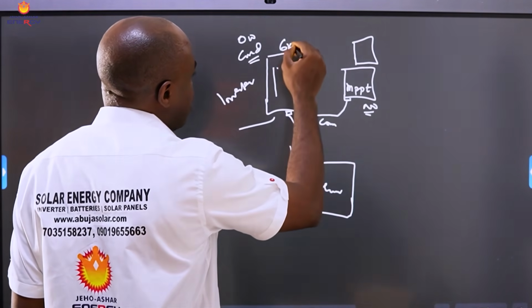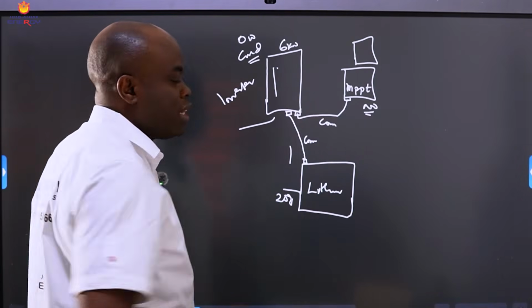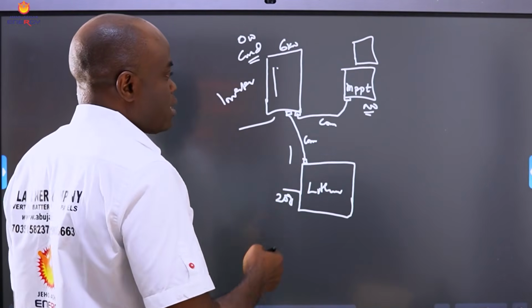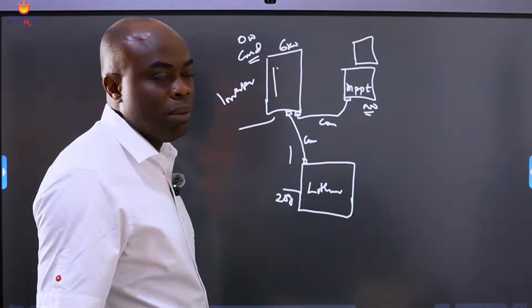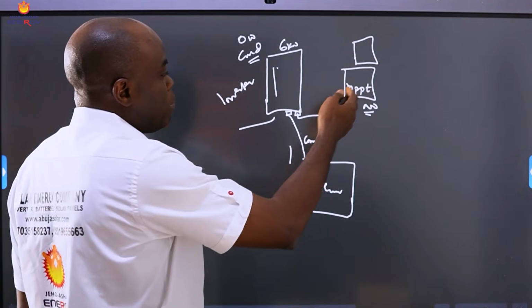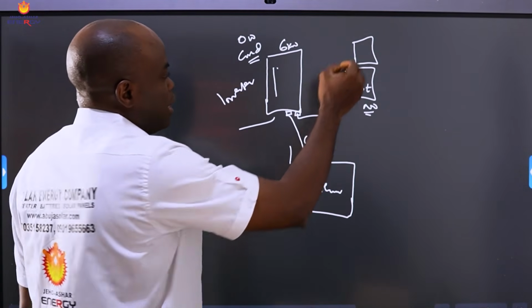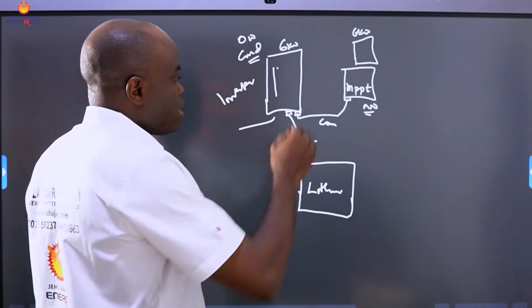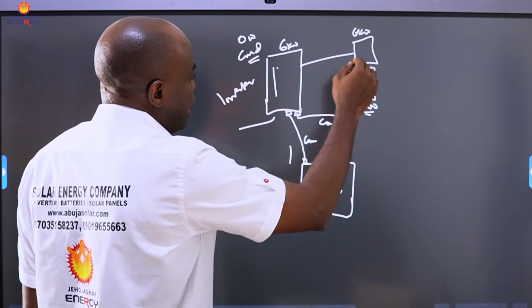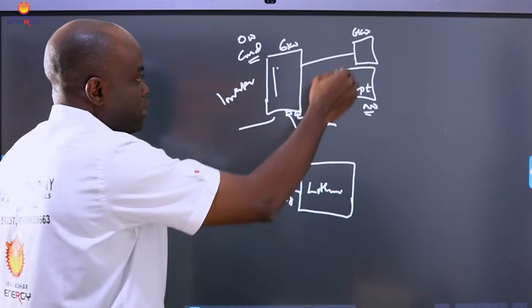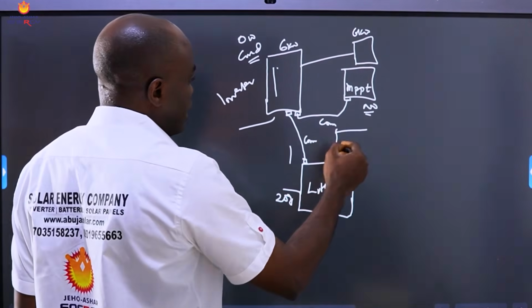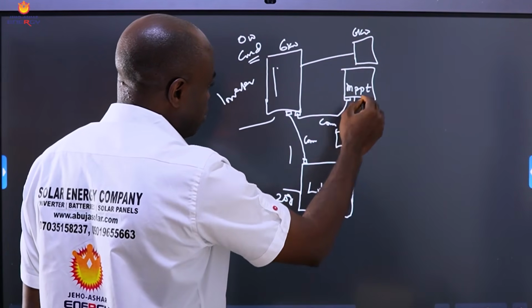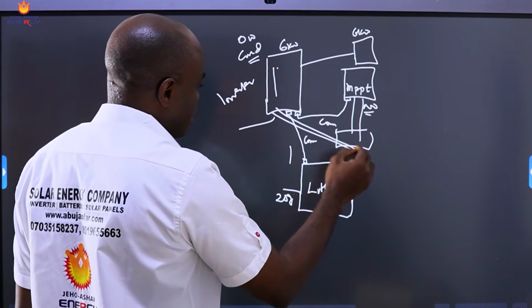Say I have a 6 kilowatt inverter and this is not sufficient for my solar power, right? And the other option I have is to get an MPPT. If I have an MPPT that can't communicate with this inverter, I'll just get another 6 kilowatt inverter. So it means that we are going to connect this in parallel, and this goes here to charge your battery. So you have your bus bar, which is where your battery power cable comes to.